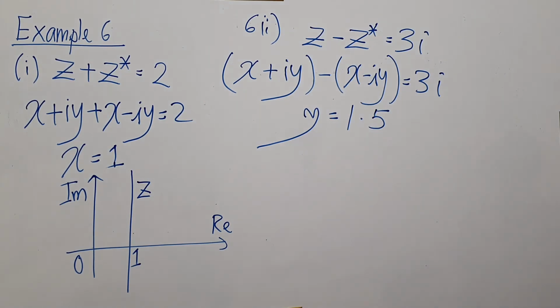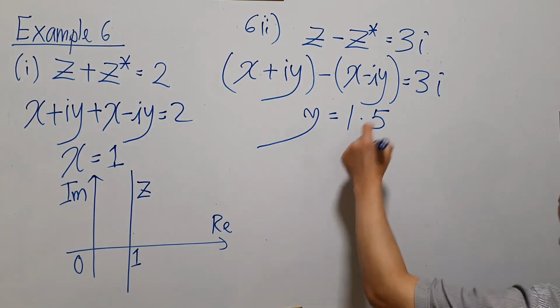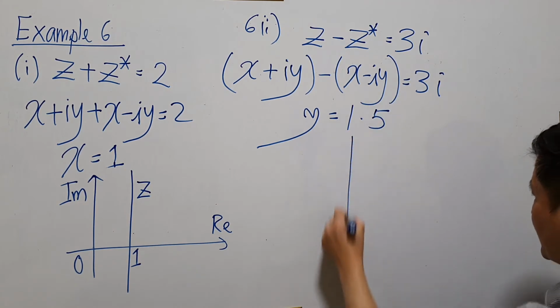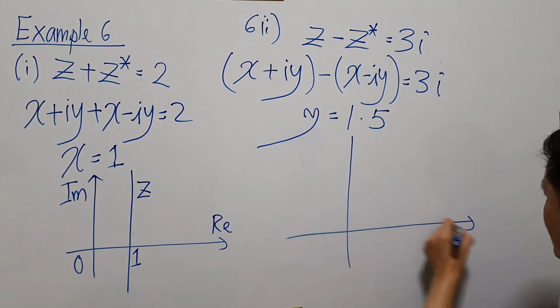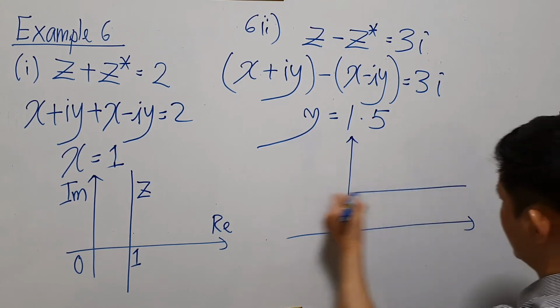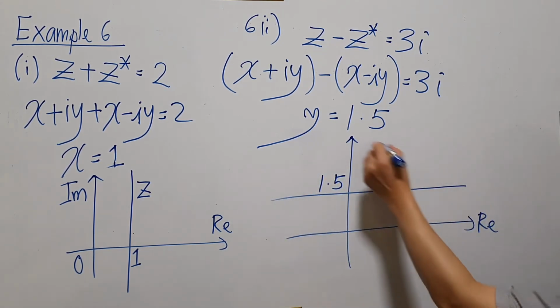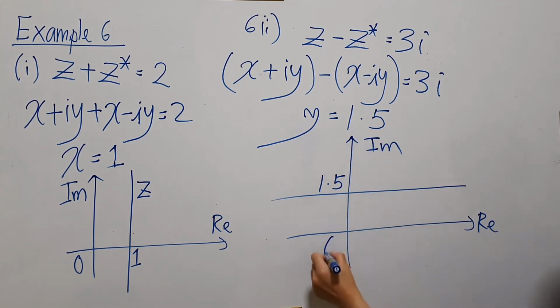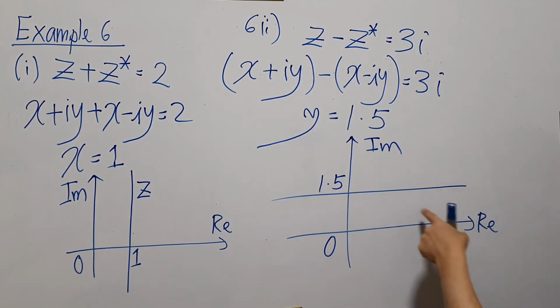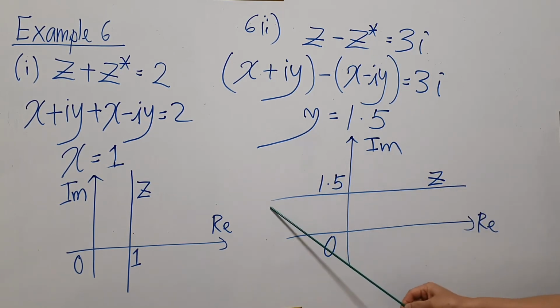So for this case, the locus of points that satisfy this equation will be the horizontal line. This is 1.5. This is real. This is imaginary. So you want to mark this thing as your z. The z values that satisfy this equation are all the points that lie along this line. And this is example 6.